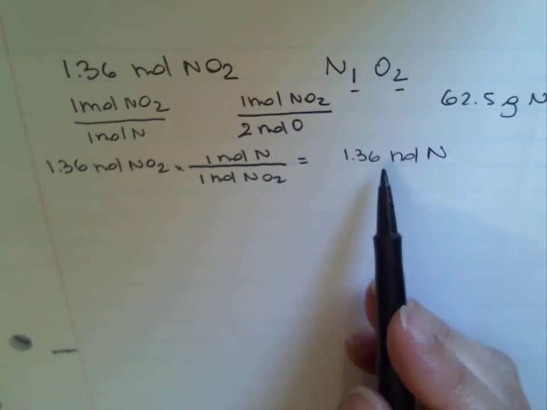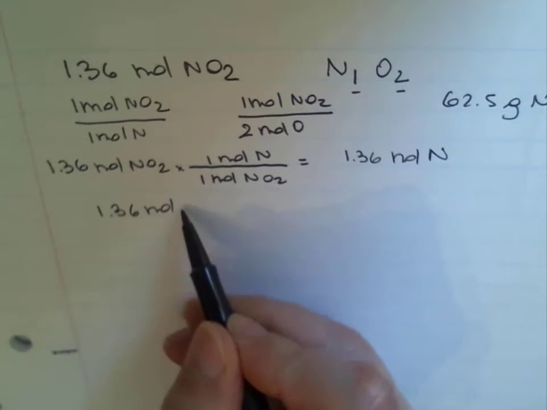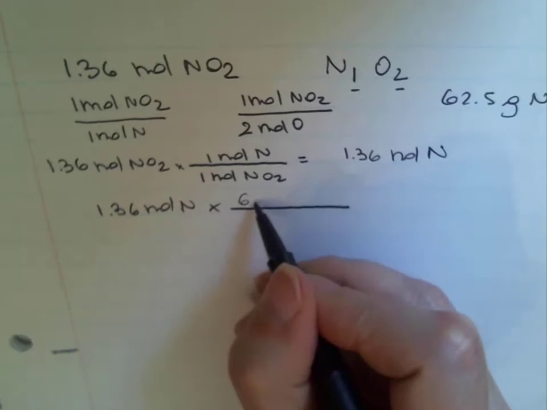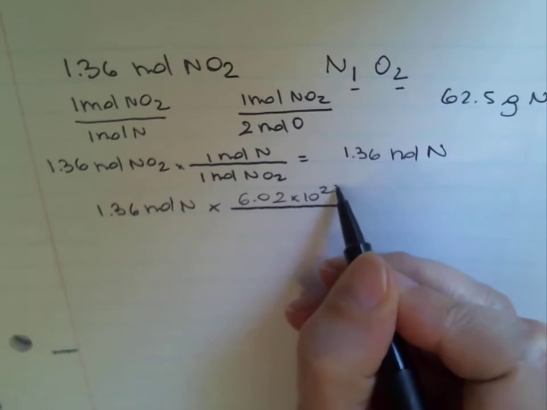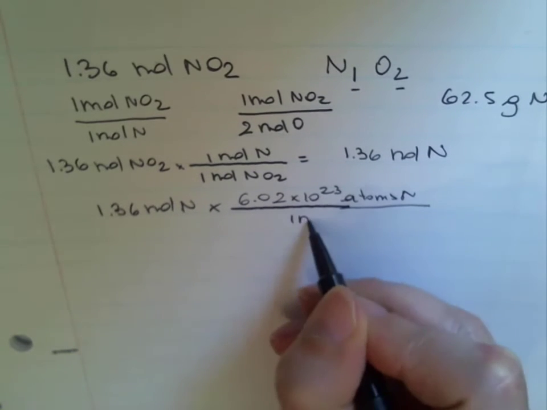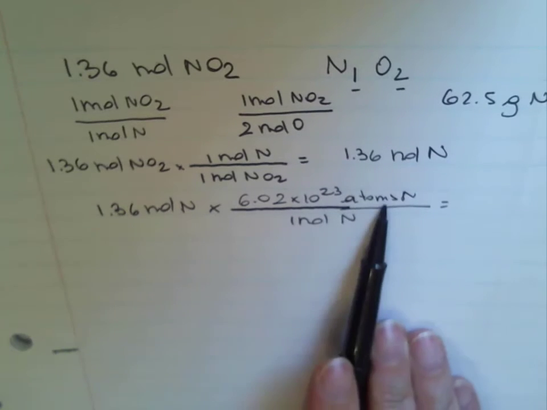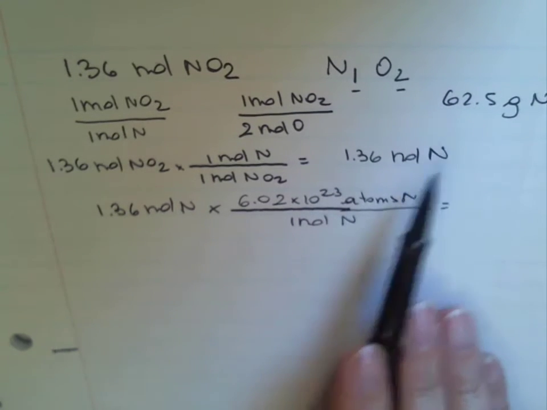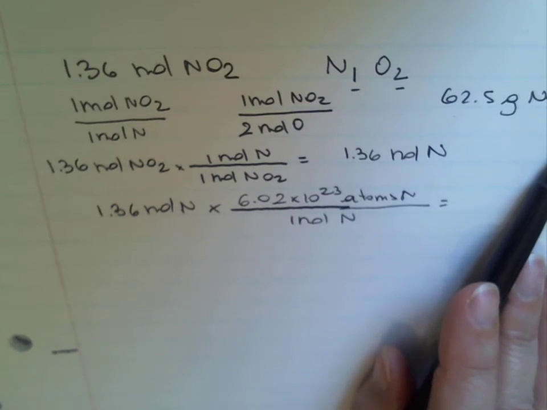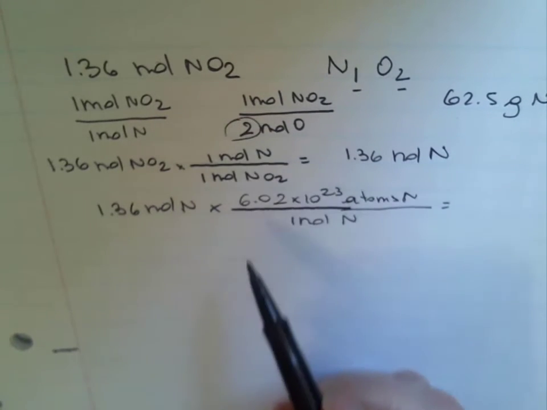We can then take this number, 1.36 moles of nitrogen, and multiply it by 6.022 times 10 to the 23 atoms of nitrogen divided by 1 mole of nitrogen. And this will give us the number of nitrogen atoms contained in 62.5 grams of NO2. We can perform the same calculation for the oxygen, and we notice that there's a 2 here.